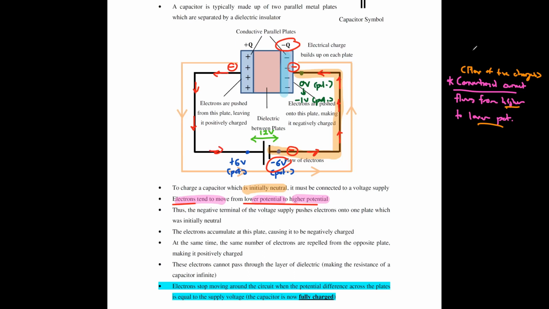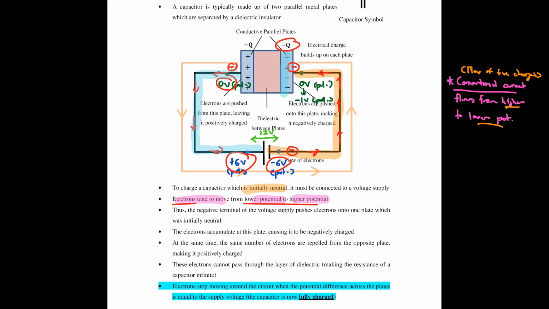Because here, you can also imagine it like this: your potential here is also supposed to be 0 volts initially when it was neutral. So if you look at this and this, 0 is lower potential than positive 6 volts, right? So the electron by right should move in this manner here, towards the positive terminal of your battery.